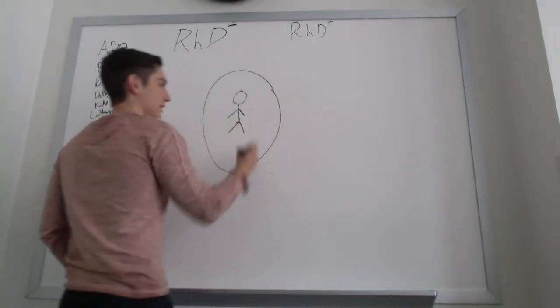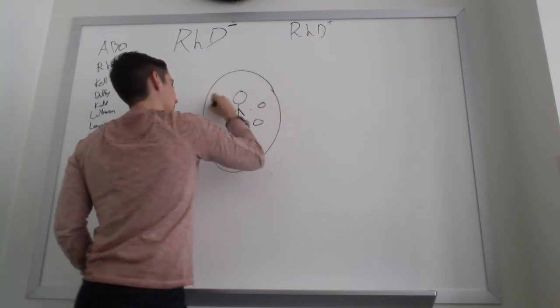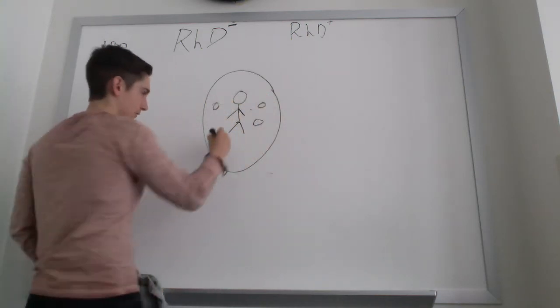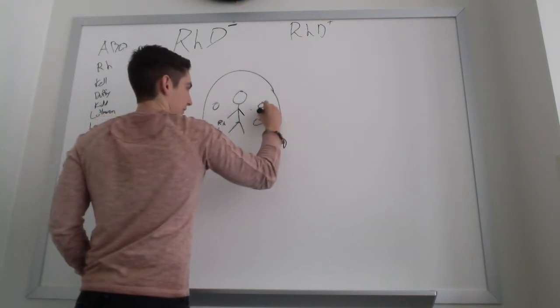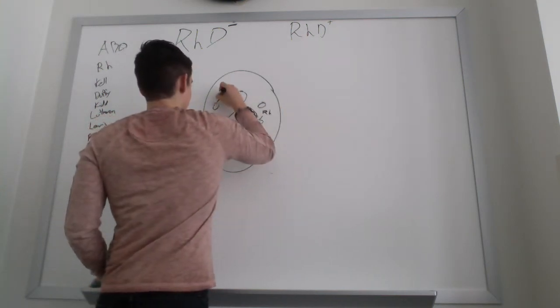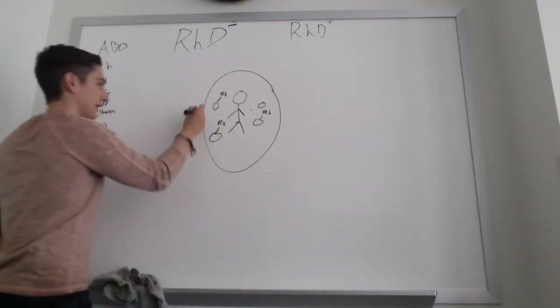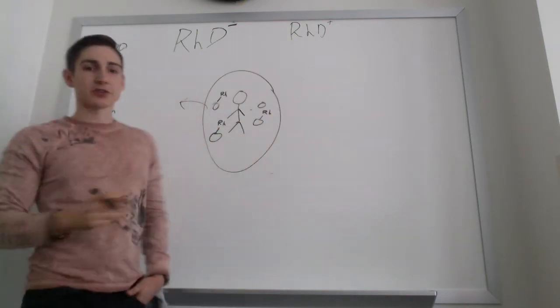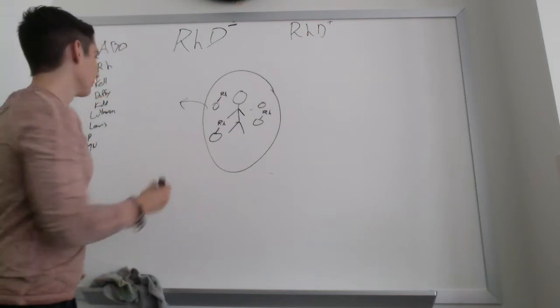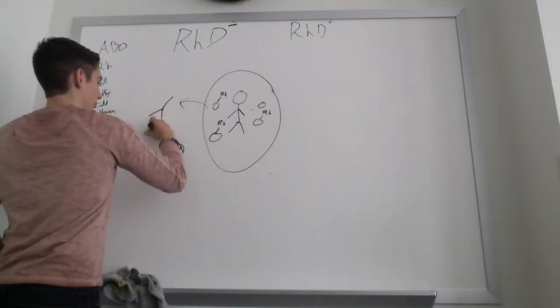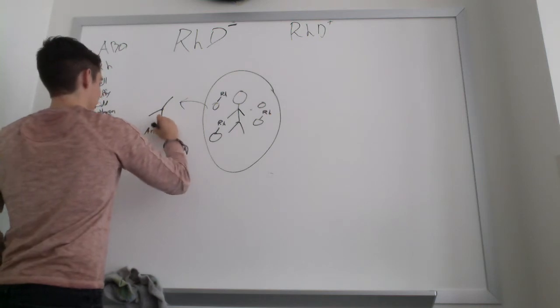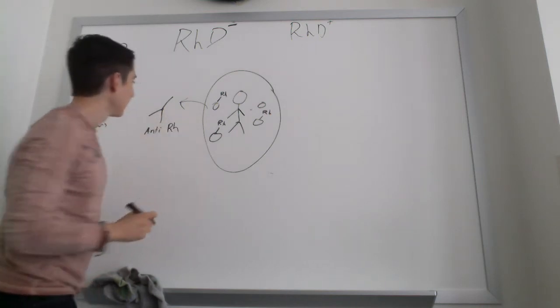If the baby is Rh positive, it'll have antigens for Rh on its blood. If this blood gets out of the placenta and mixes with the mother's blood, the mom can produce antibodies, anti-Rh.